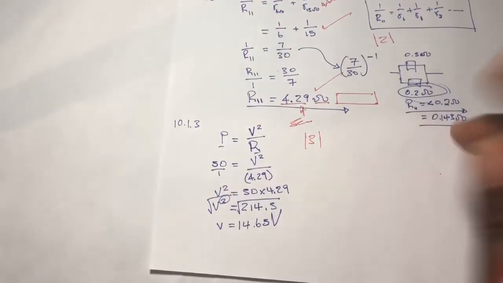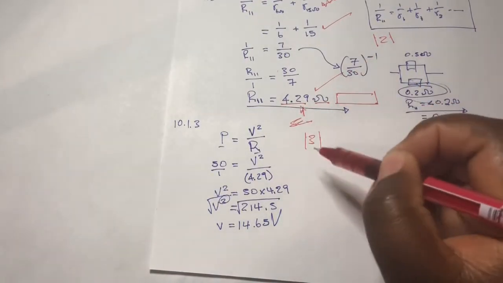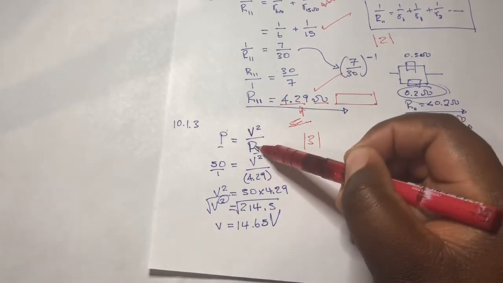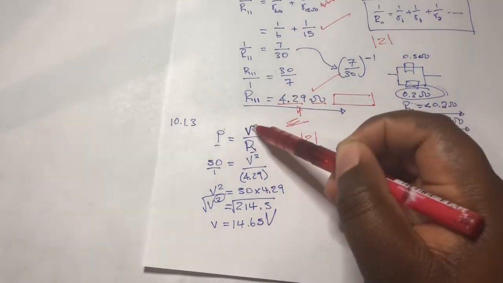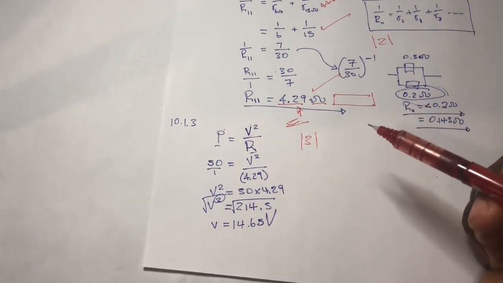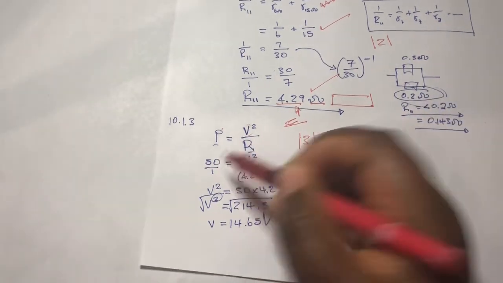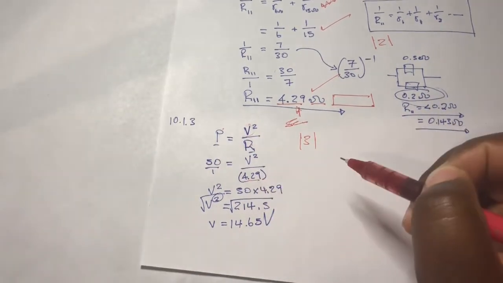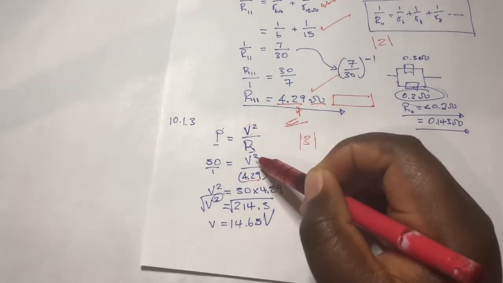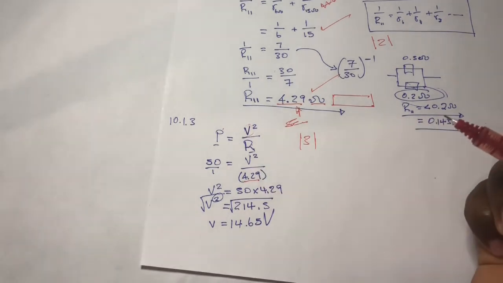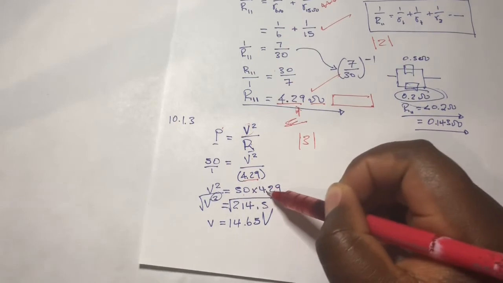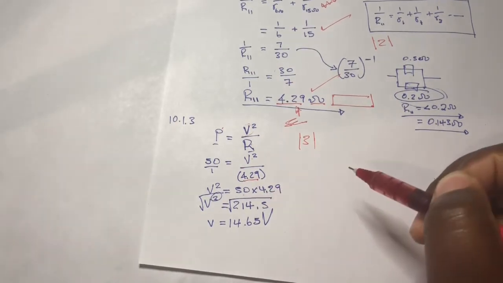So that means you go to the formula sheet, look for the relevant formula, and you notice you've got power, you calculated the resistance, and you are expected to calculate the potential difference. So you substitute your power, you substitute your calculated resistance of the parallel combination, then you just solve for V. You cross multiply, you've got your 50 multiplied by 4.29.